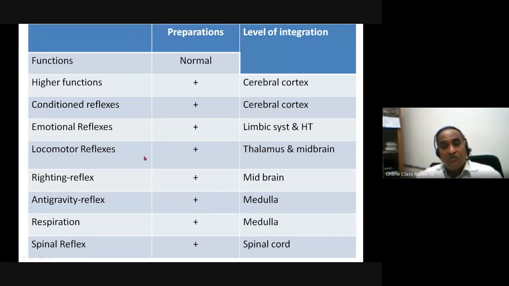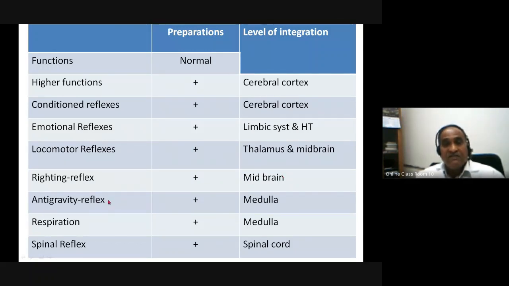Then the locomotor reflexes, like walking and even talking, are all patterns of activities. The locomotor activity and the speech activity are governed, especially the locomotor activity, by centers in the thalamus and the midbrain. Then we have the righting reflexes, that is, orientation of our head in space in relation to the body, and these reflexes are settled in the midbrain.